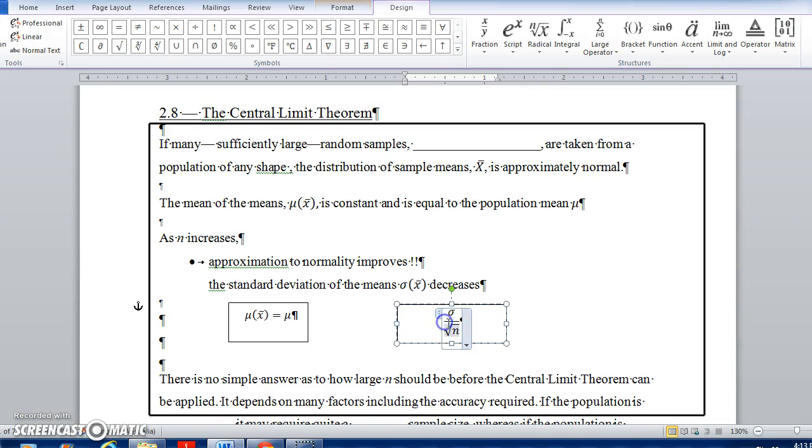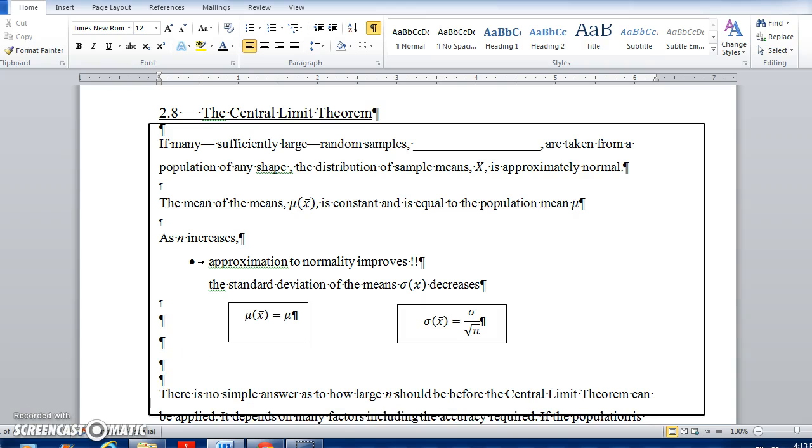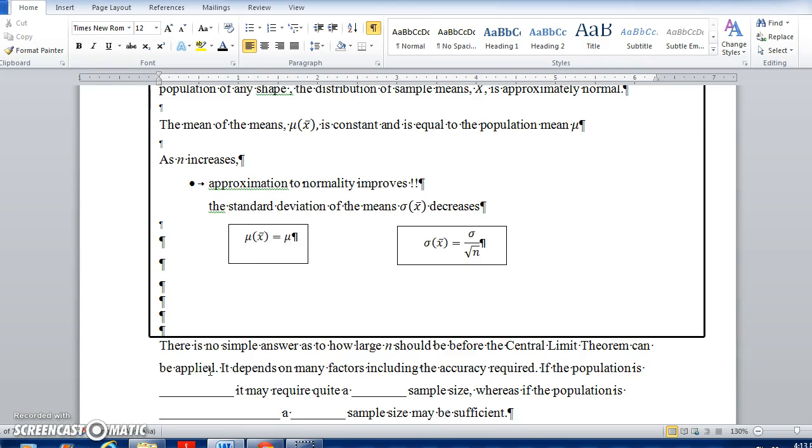Apologies as I fix up the formatting here. So the mean of our means is equal to the mean of the population, and the standard deviation of the means is equal to the standard deviation divided by the square root of n. That can be mathematically established, but we won't do that here.